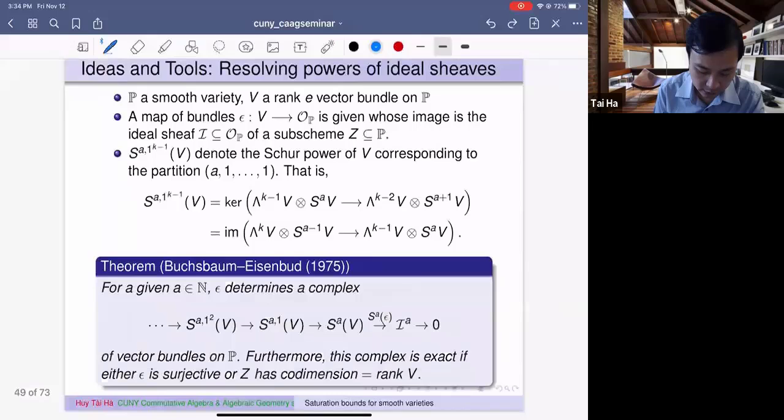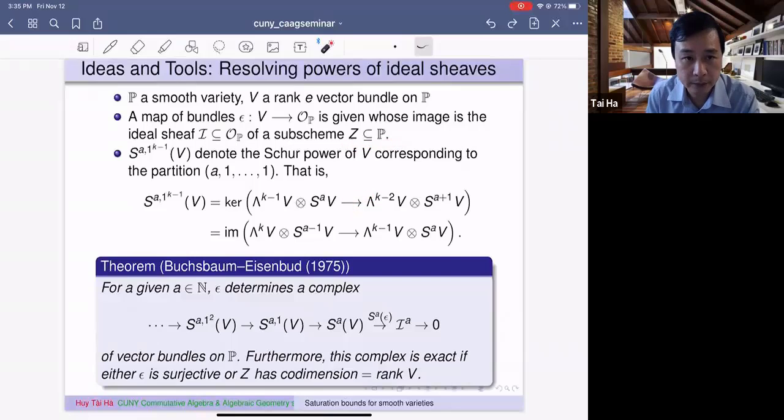Then Buchsbaum and Eisenbud in '75 show that there's a complex given by this Schur power of V that maps surjectively onto the a-th power of this ideal sheaf I. Furthermore, this complex is a resolution, that is, it's exact, if either this map is surjective, in other words this ideal sheaf I is just the structure sheaf itself, or if Z is a complete intersection.